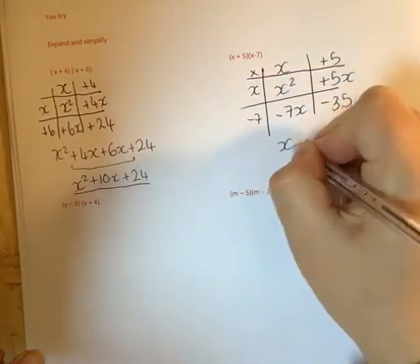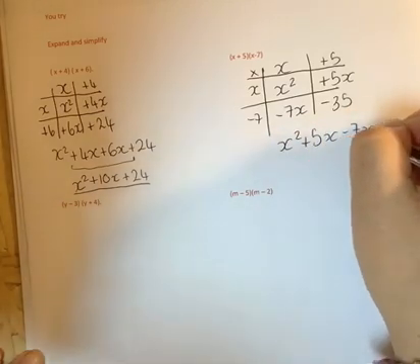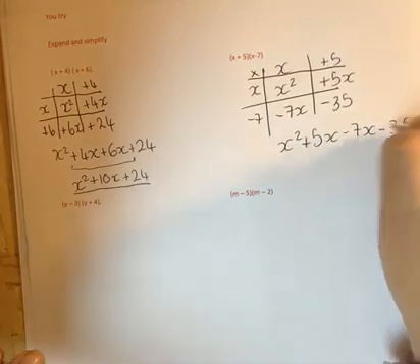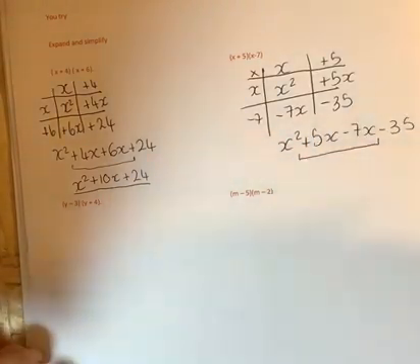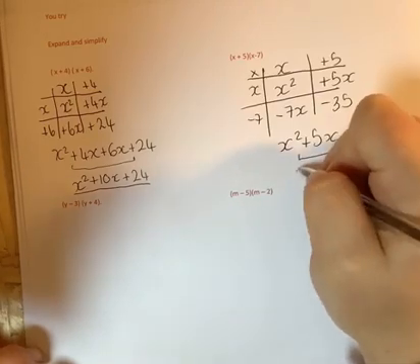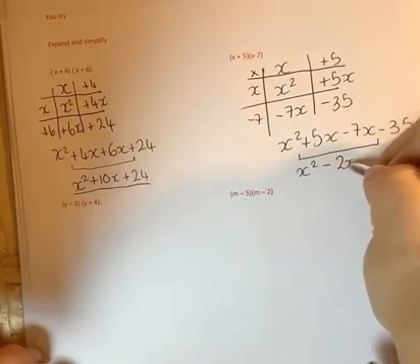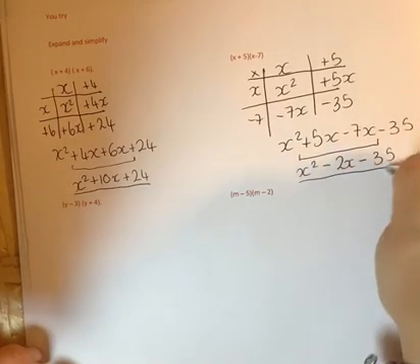So x squared add 5x, take away 7x, take away 35, and simplifying this section, we've got 5 and then taking away 7, so our answer is going to be negative, so that's -2x, and the rest stays the same, so we've got x squared, take away 2x, take away 35.